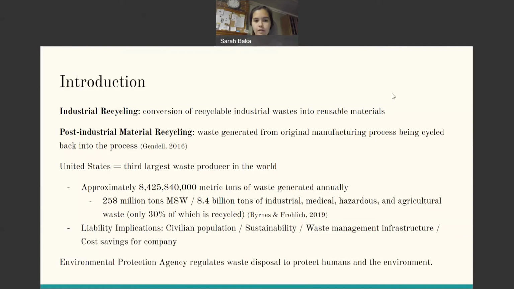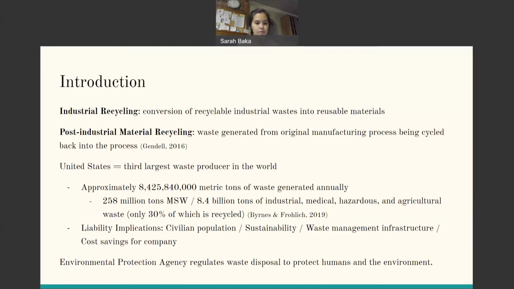So to begin, the definition of industrial recycling is just the conversion of industrial wastes into materials that can then be reused in production. The United States is the third largest producer of industrial waste in the world.